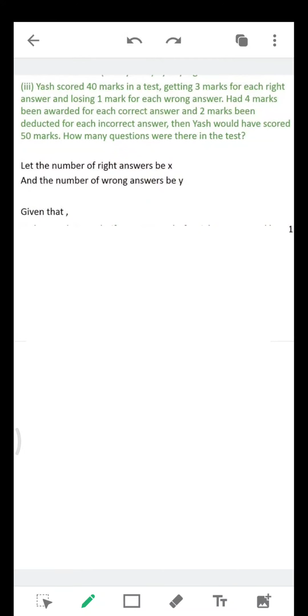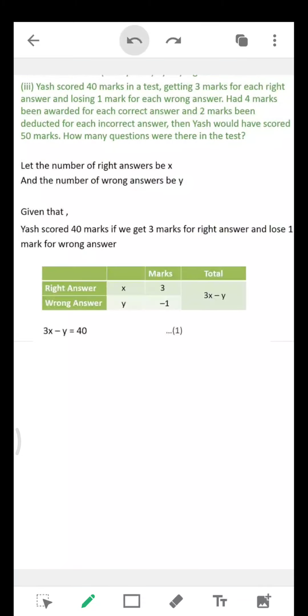We don't know how many questions he answered correctly and how many he answered wrong. So Yash scored 40 marks. If he gets 3 marks for a right answer and loses 1 mark for a wrong answer, our equation becomes, as you can see in the tabular form, for the correct answers x, so 3x, and for wrong answers y, minus 1, so 3x minus y is equal to 40.